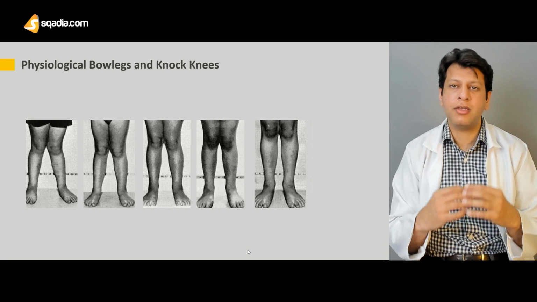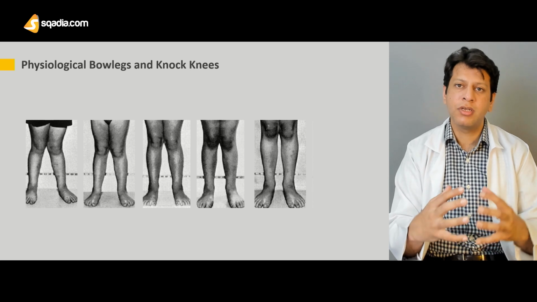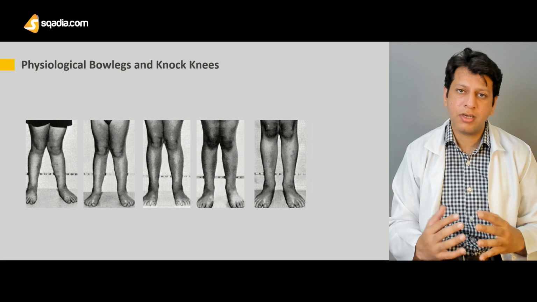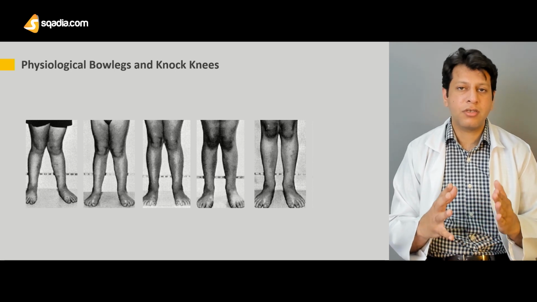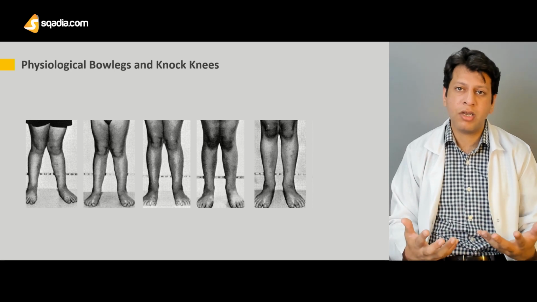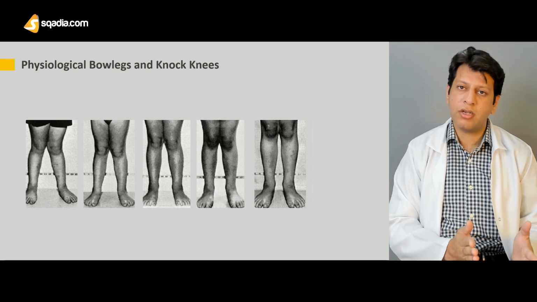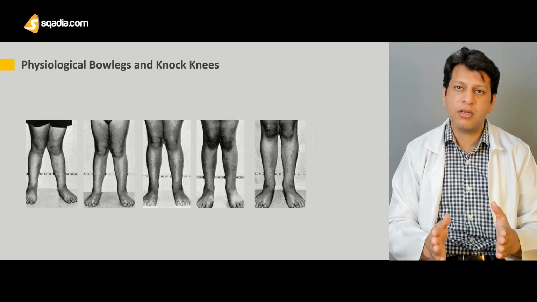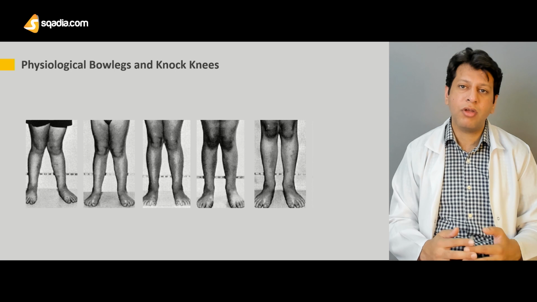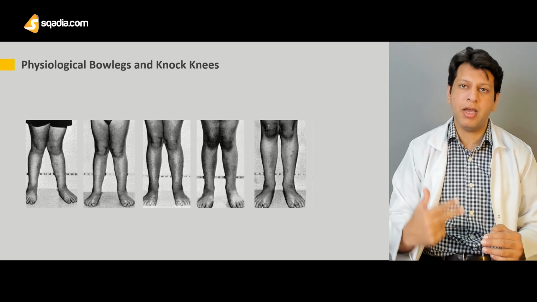So you have to assess it completely. You have to get a detailed history, examination, and analyze accordingly, and then you have to understand whether this is physiological, is it pathological, or whether there is bilateral genu valgum or not as well. You have to measure the intermalleolar distance, and once you measure it, you first have to label it as genu valgum. If it is genu valgum, then you have to label whether it's unilateral or bilateral.